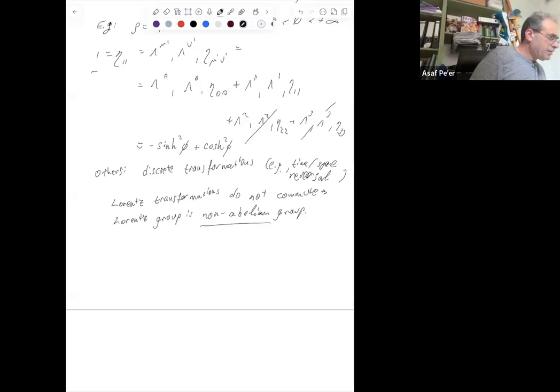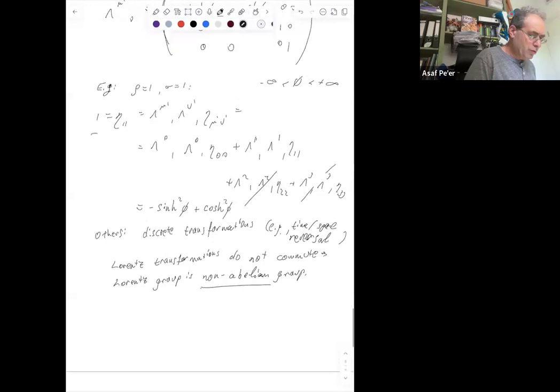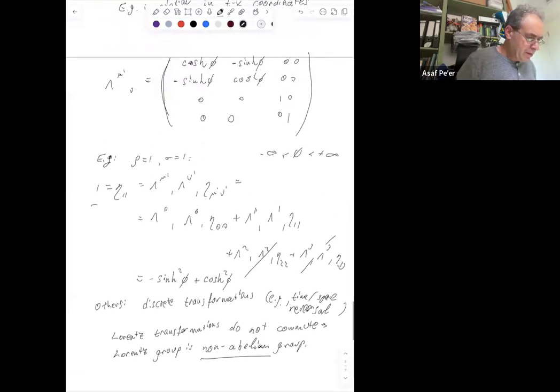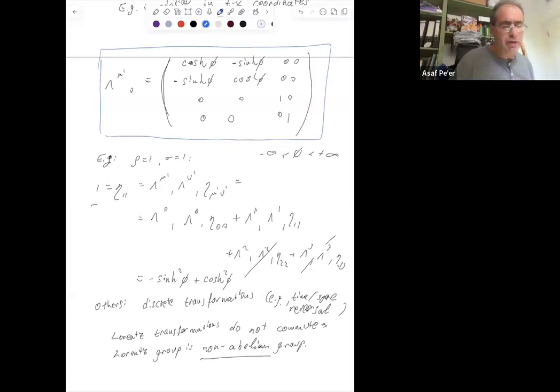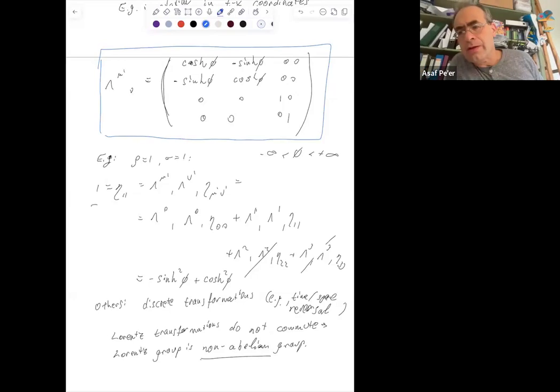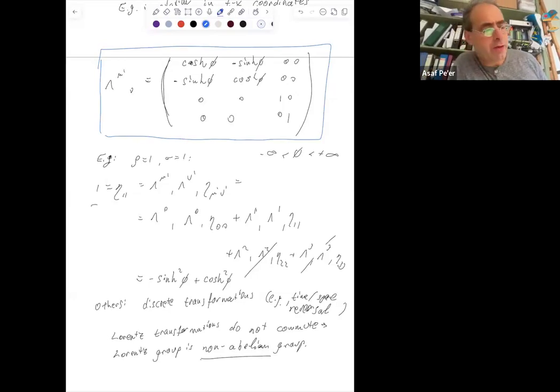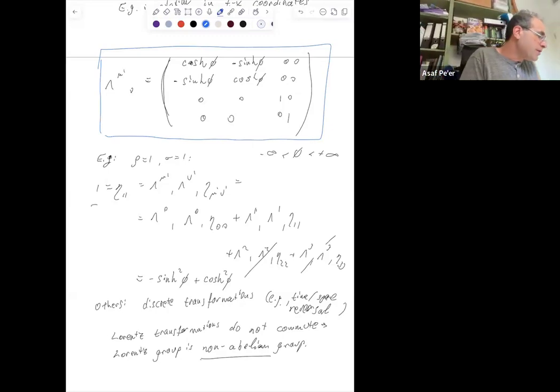Now, I was asked a very good question. Let's look at this Lorentz transformation, and you are rightfully asking, how does that have anything to do with what we learned about Lorentz transformations in first year? Right, so let's see.